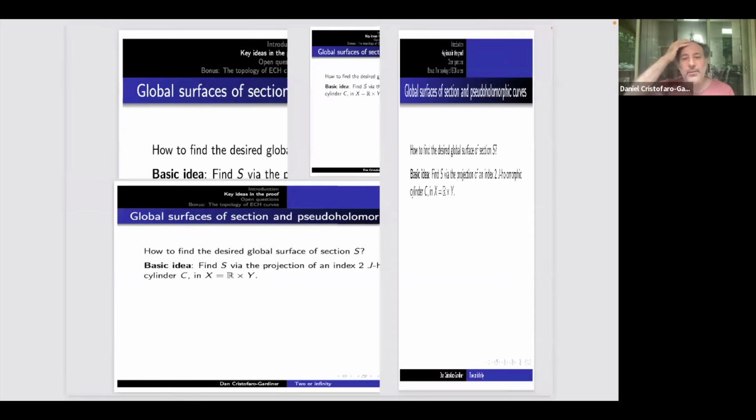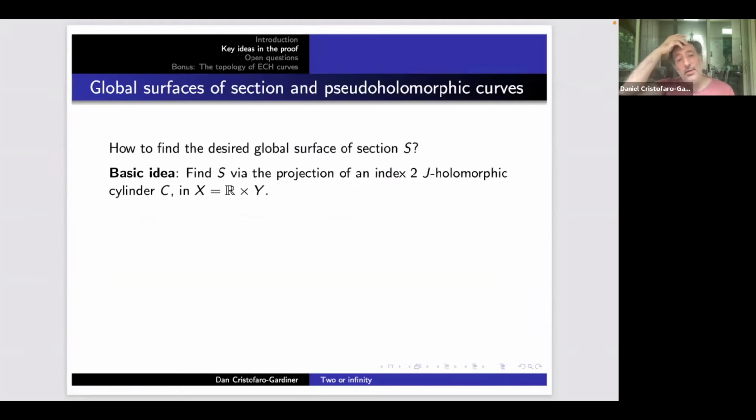Okay, so how on earth are we actually going to do that? Well, there's another beautiful idea in the HWZ paper. Maybe some of you have seen it before, but it's a great idea. HWZ tell you that you could try to search for this by finding a J-holomorphic cylinder in R cross Y. For non-specialists, this is called the symplectization.